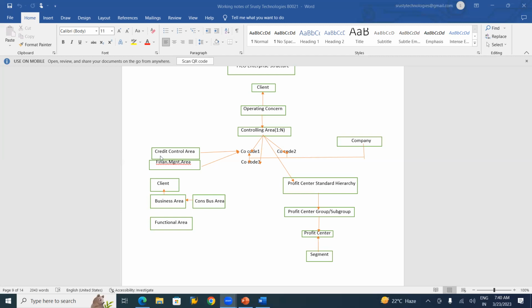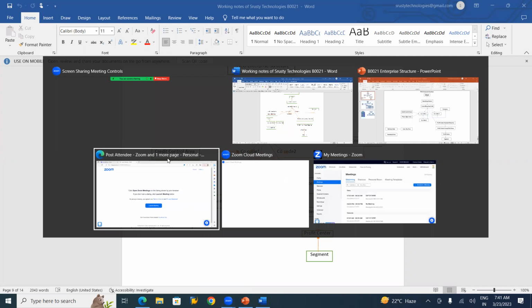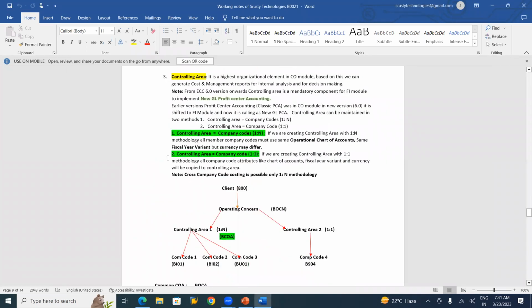That we will see at the time of configuring the credit control area. Any questions on this? No. Okay.